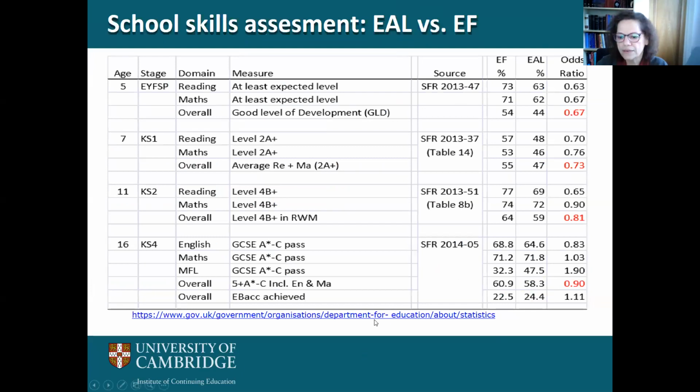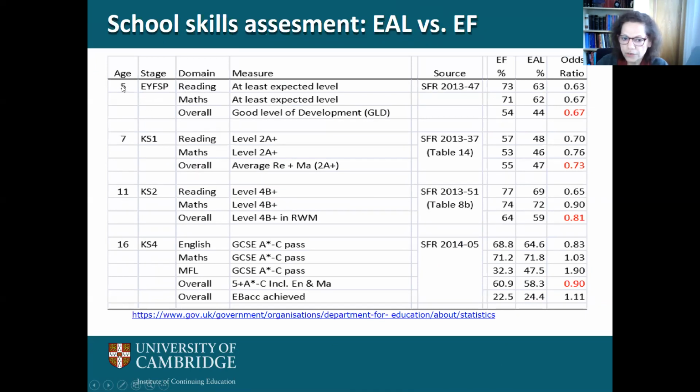If you look at this graph, that's also from government statistics. You can look at a comparison between children with English as a first language and EAL children, and you can look at them in the various key stages at school. And what is assessed is reading and maths, as well as the overall level of development.